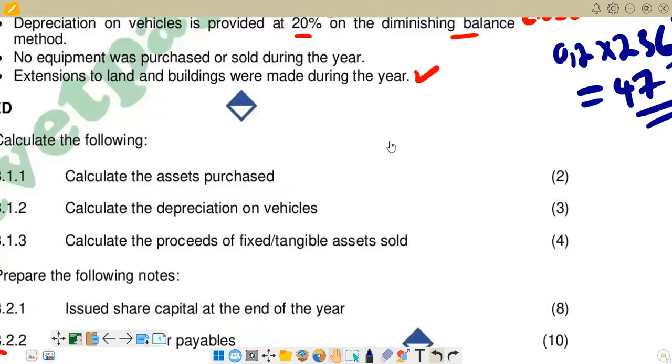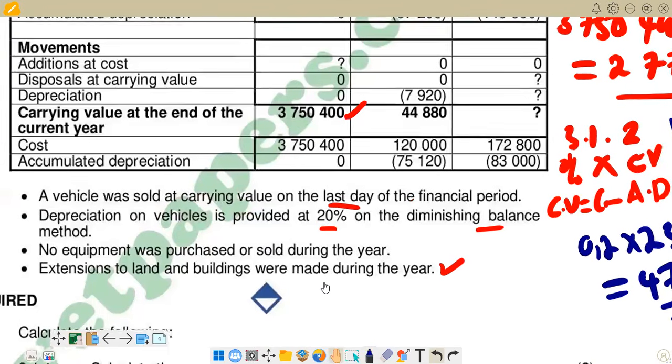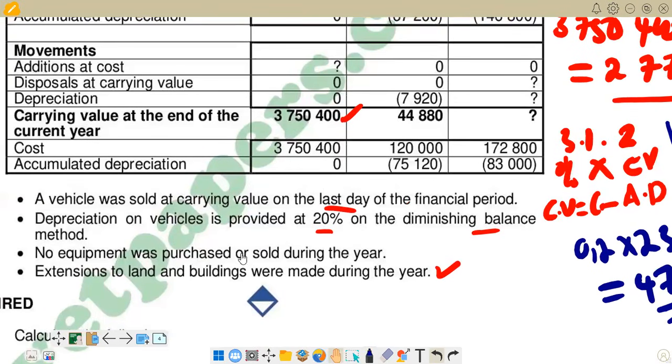Right, on the next question, they are saying calculate the proceeds of fixed tangible assets sold. So this is our disposal that has taken place. So the explanation in terms of the disposal is here. A vehicle was sold at carrying value on the last day of the period. So the key term that we have there is that they were sold at carrying value. Carrying value, you know how to calculate carrying value. The formula is here, cost minus accumulated depreciation.